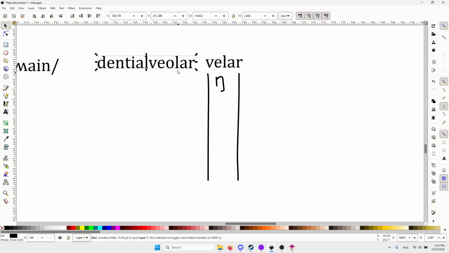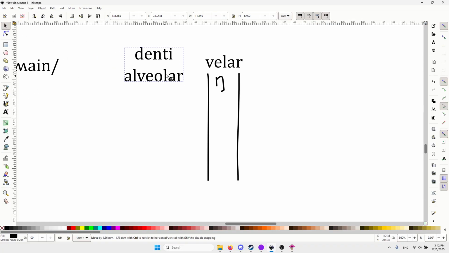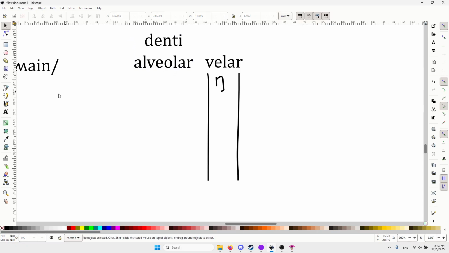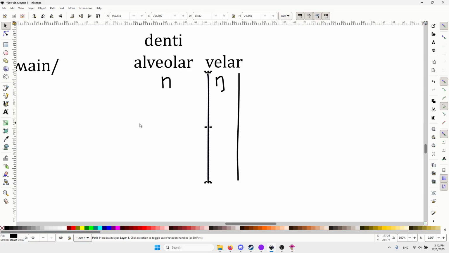You'll usually see dental and alveolar split up, but I'm talking about Gothic, and it doesn't matter for the current conversation. We have an N, and I'll just copy this because it looks good enough.